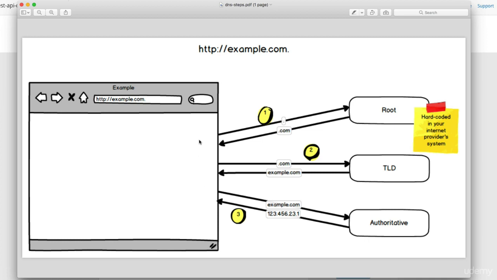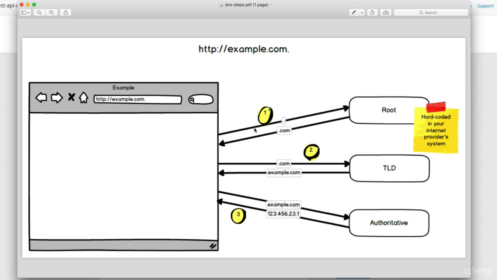The first thing that happens is we go to one of the root servers, and these are hard-coded in the internet provider system. There are a few hundred root servers, and when new root servers are added, all of the internet providers update and add the new root servers. This doesn't happen that often.